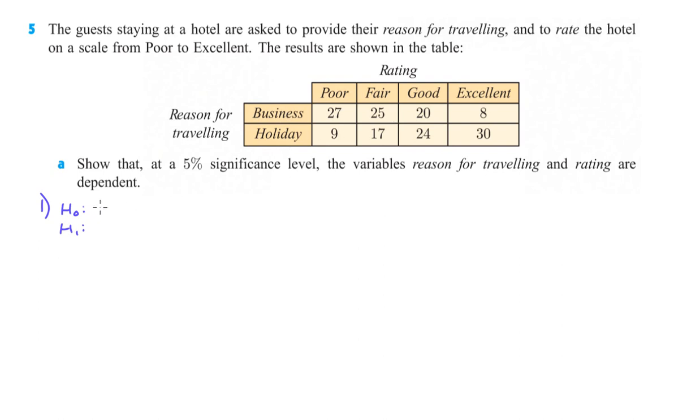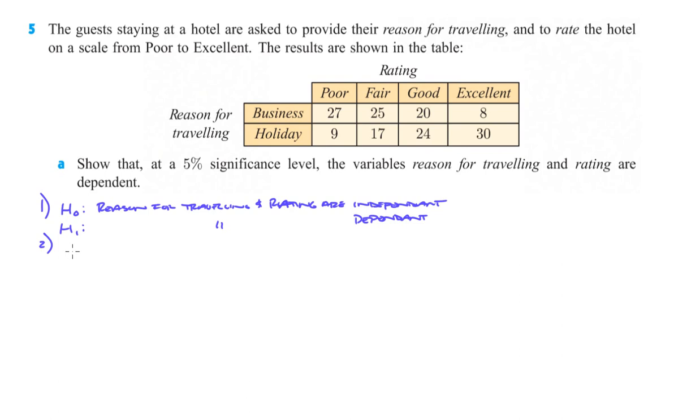So reason for traveling and rating are independent. Therefore the alternate hypothesis is going to be reason for traveling and rating are dependent. Okay, so that's our first step.